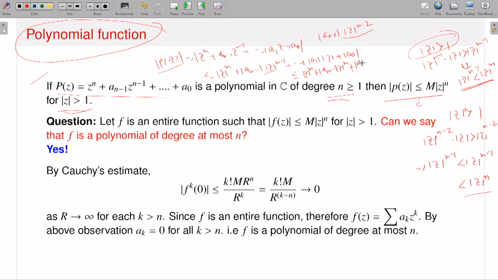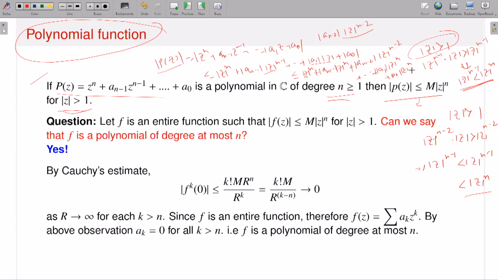If I go like that successively, you can prove that each power is less than mod z to the power n. So this is also mod a1 times mod z to the power n, since 1 is less than mod z and hence mod z to the power n, and this is mod a naught times mod z to the power n.